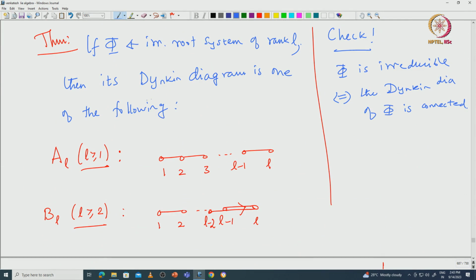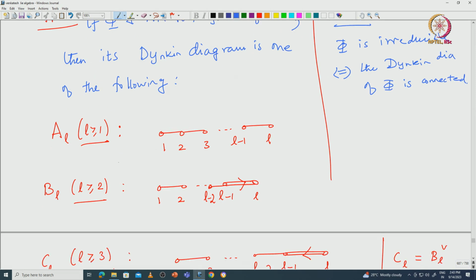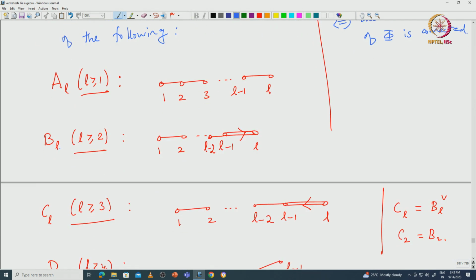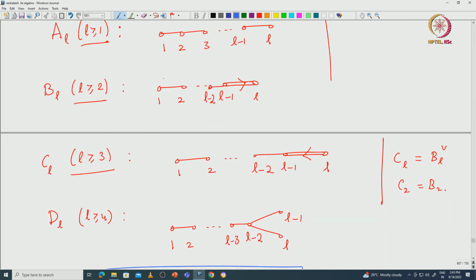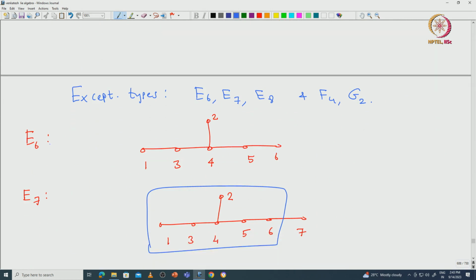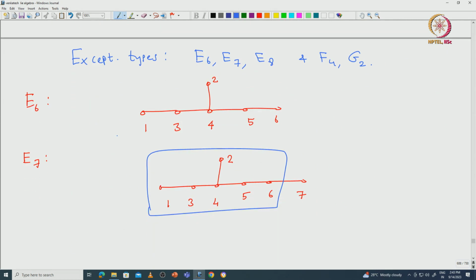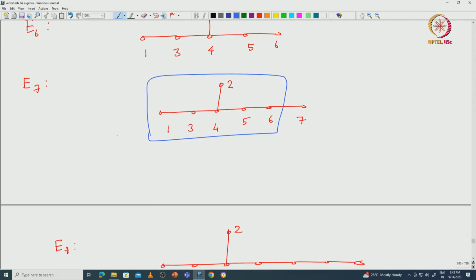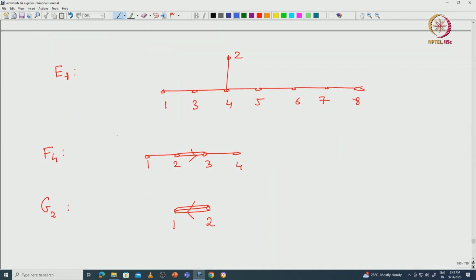If you take Phi to be an irreducible root system of rank L, then its Dynkin diagram must be one of the following: type A, type B, type C. Types B and C have the same Coxeter graphs, but once you decide the arrow they define two different types of root system. Then type D, type E, where E has three different root systems E6, E7, E8, and F4 and G2. These are all the possible Dynkin diagrams that you get.